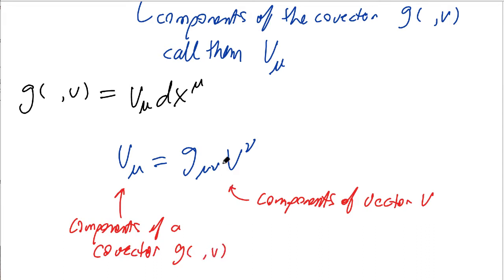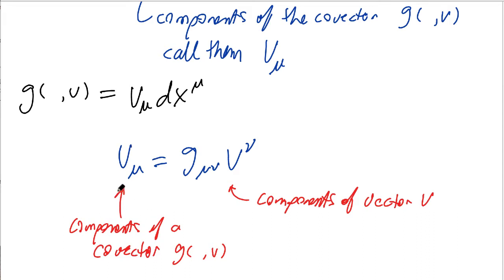But the curious thing here is we of course use the same base letter V for this covector as we use for the vector V over here, whose components are written here. In terms of components, there's no cause for confusion.